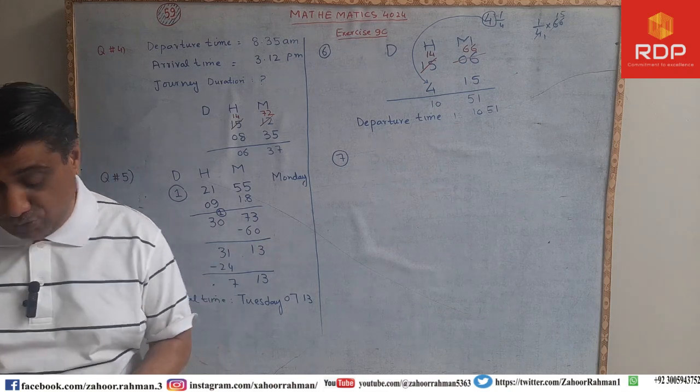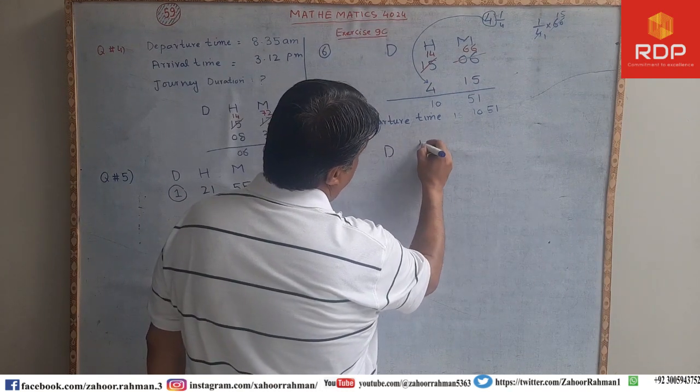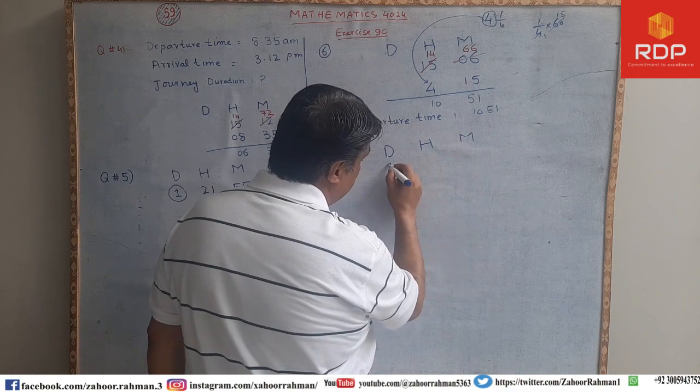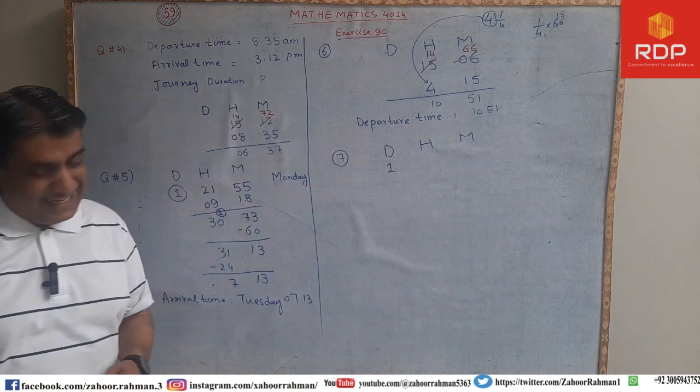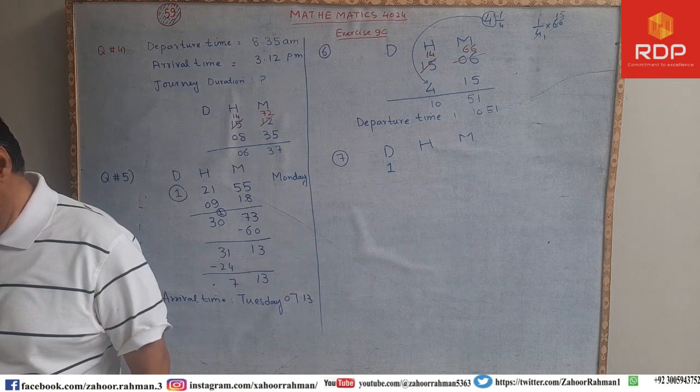You have to add 1 automatically to the day, because 1 day has passed. That is what the question is saying.